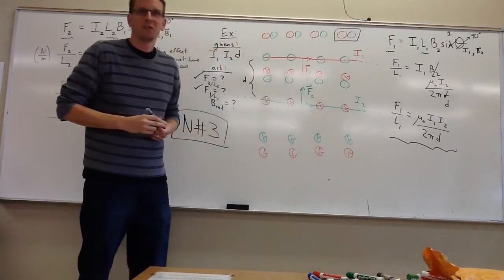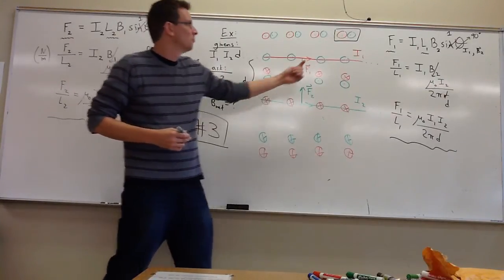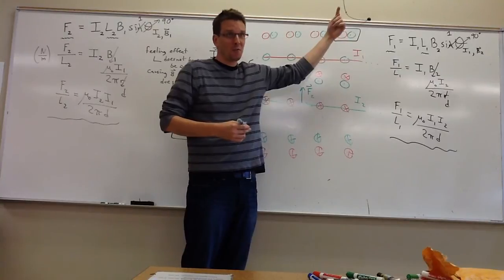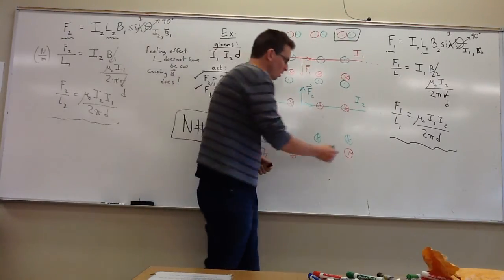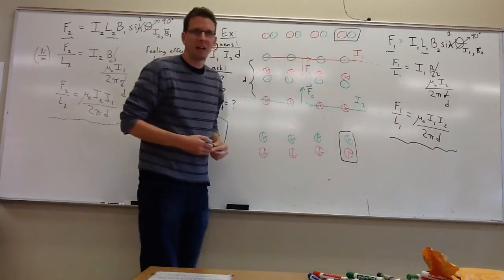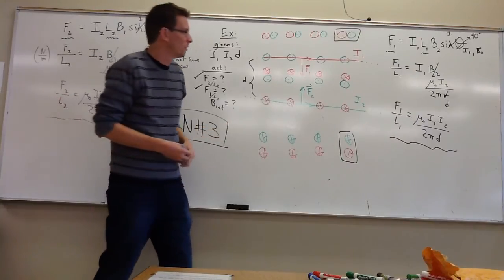There it's pretty obvious. What's the direction of B net there? They're both out of the page, so B net's out of the page. They reinforce each other out there. Over here, what's the direction of B net? Into the page, they're both into the page.